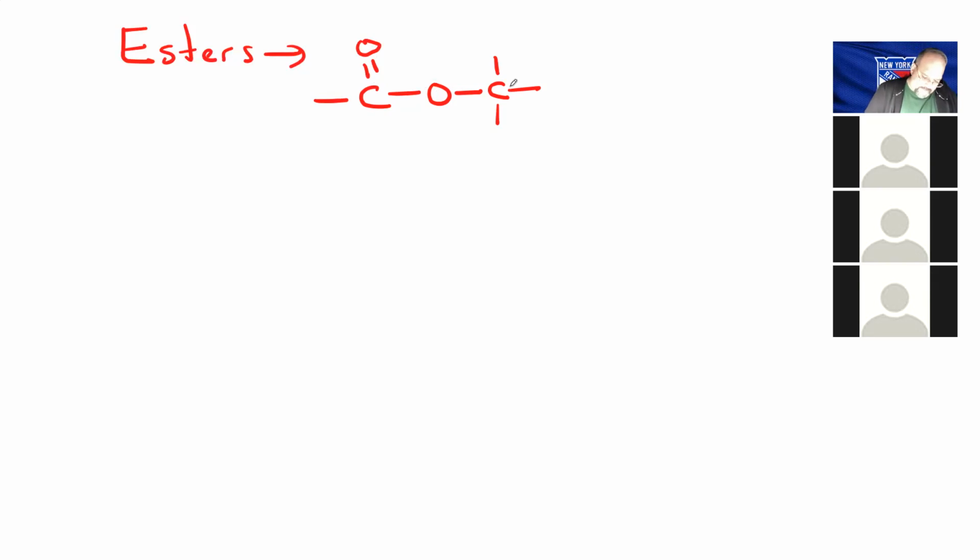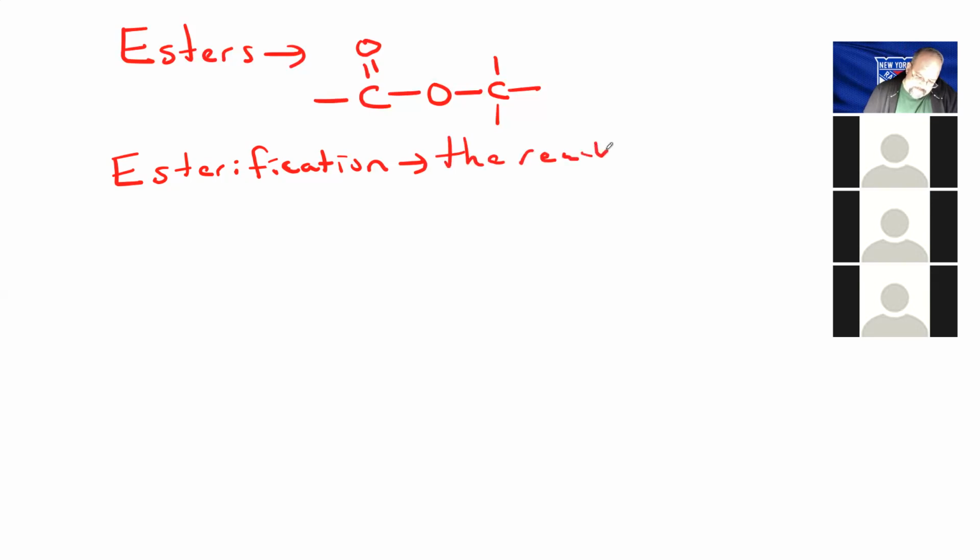Now, the first thing the textbook gets into is the main way that esters are made. And the main way that esters are made is by a reaction known as esterification. What do we talk about when we talk about esterification?